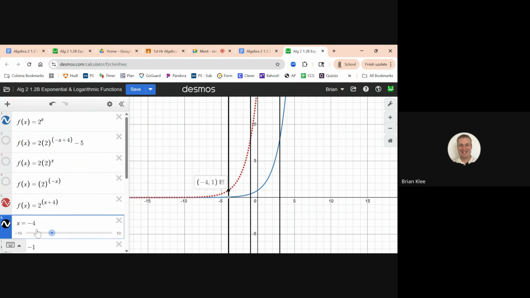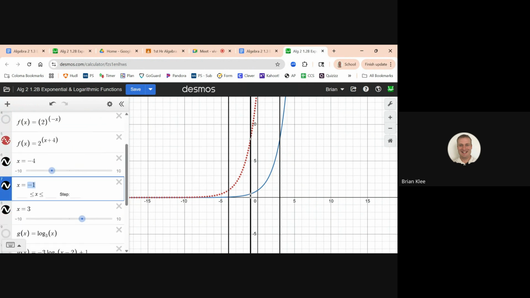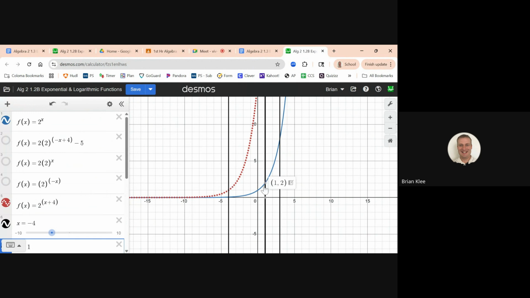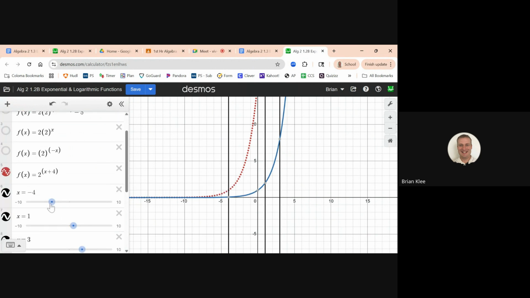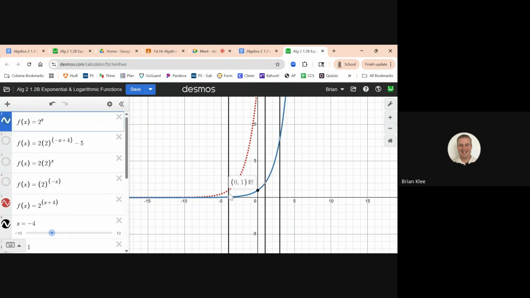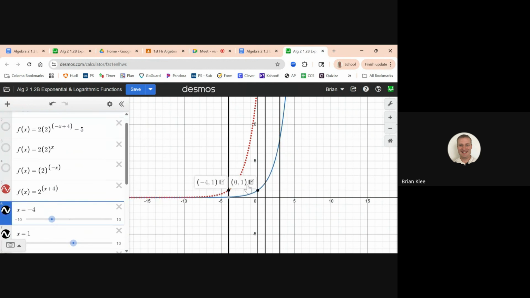Okay, I can look at it two ways. If I go to x equals 0, the y-axis, right there, a 0, 1 is now a negative 4, 1. So we moved left 4 units, okay?